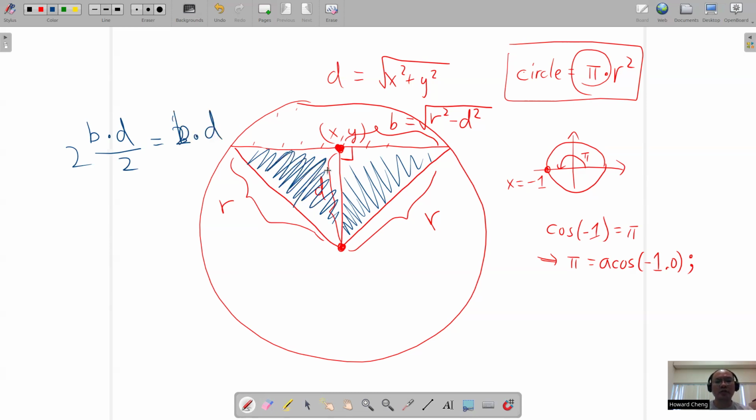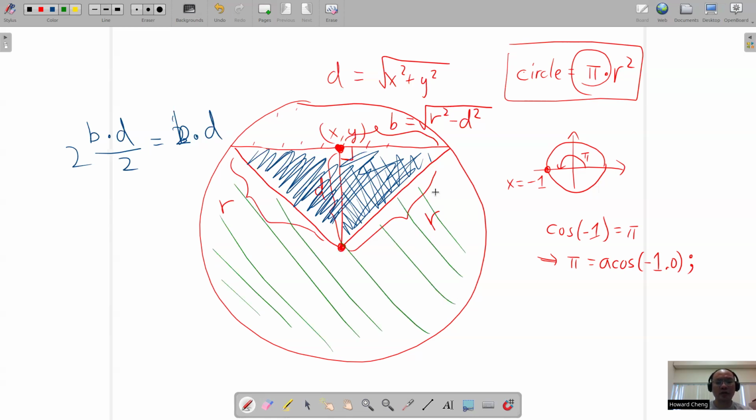Okay? So this part is b times d and belongs to the large chunk. So now the next question is, what about this other part?